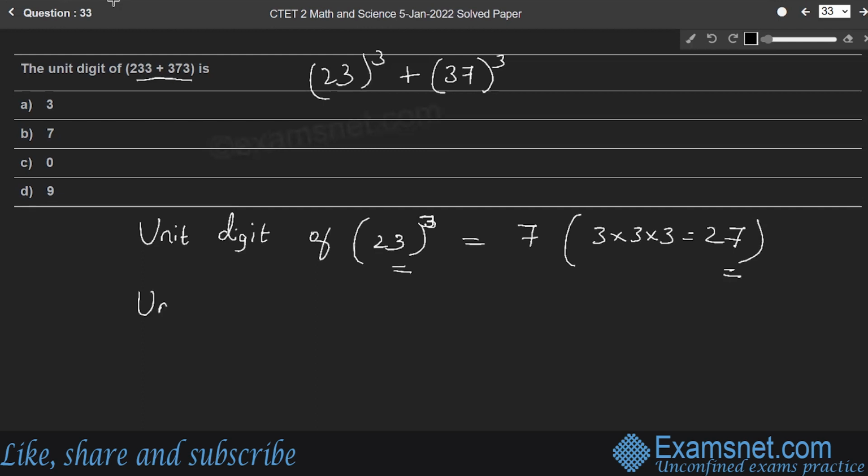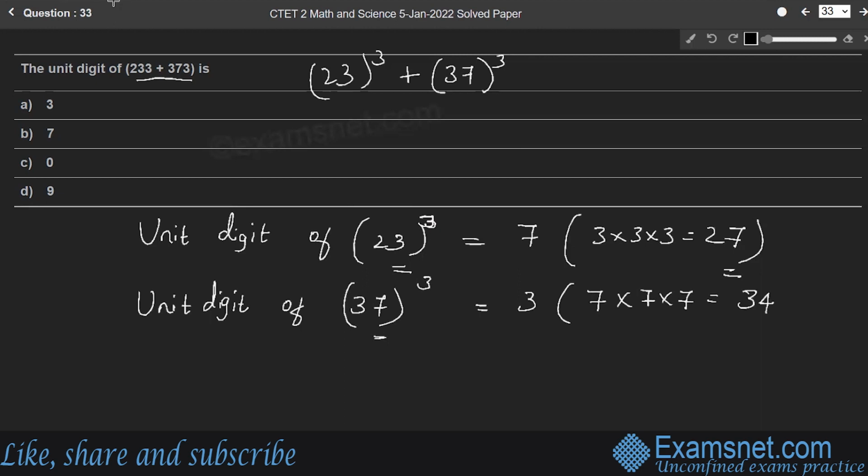So the unit digit of 37 cube is 3. Again, the cube of a number that ends with 7 always ends with 3. For example, 7 into 7 into 7 is 343.